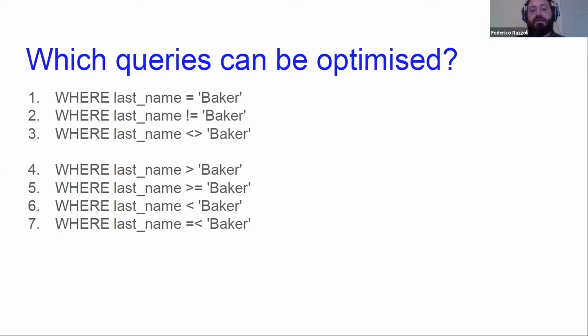Greater than Becker means any string that in alphabetical order comes after Becker. Lesser than Becker is the opposite, any string that comes before Becker in alphabetical order. So basically, we can say that all operators can take advantage of indexes except for not equal.